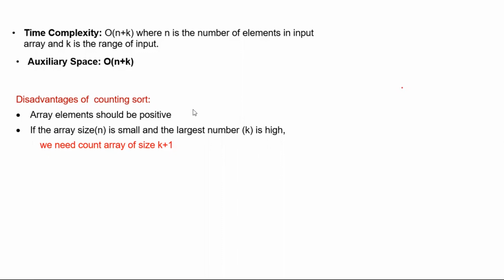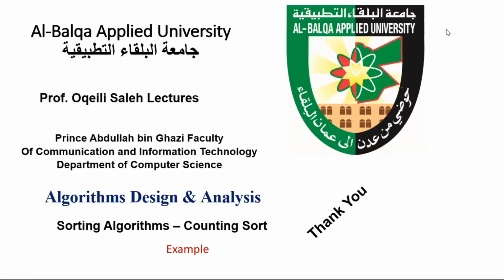First, all elements should be positive. The second, if the array size n is small and k is high. Again, if we have, for example, 50 elements in the input array, but one of them is 10,000, then we have to create a count array of size 10,001. Thank you.